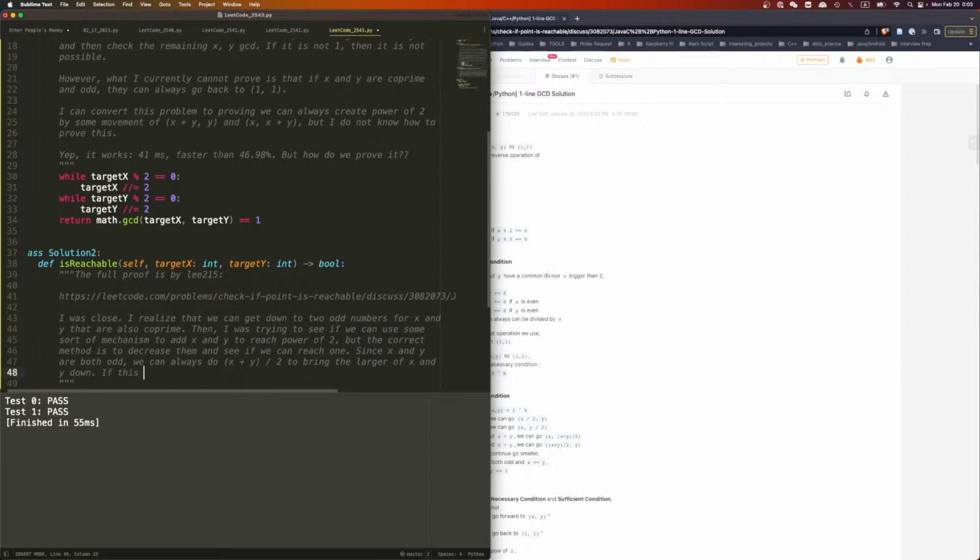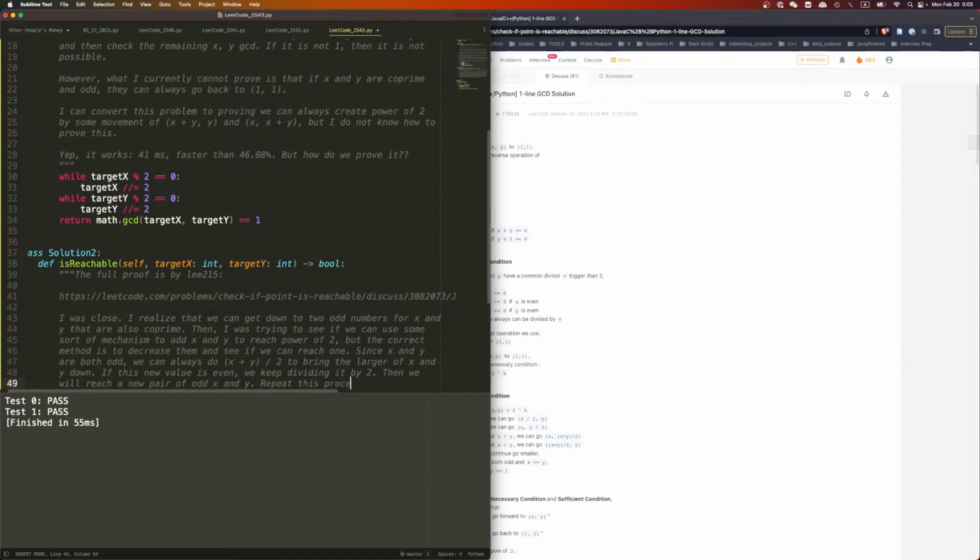Now, if this new value is even, we keep dividing it by 2. Then we will reach a new pair of odd x and y.